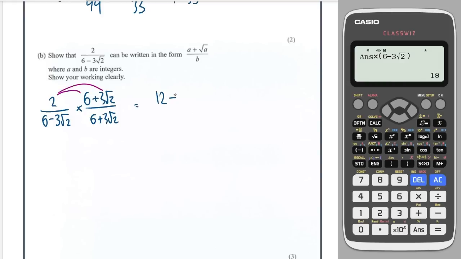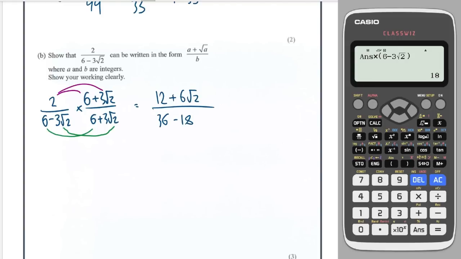That's going to be 12 and 6 root 2. On the bottom, 6 times 6 is 36. And we're also going to get minus 3 root 2 times 3 root 2. 3 times 3 is 9, root 2 times root 2 is 2, so 9 times 2 is 18. And there's a minus sign there, so minus 18.